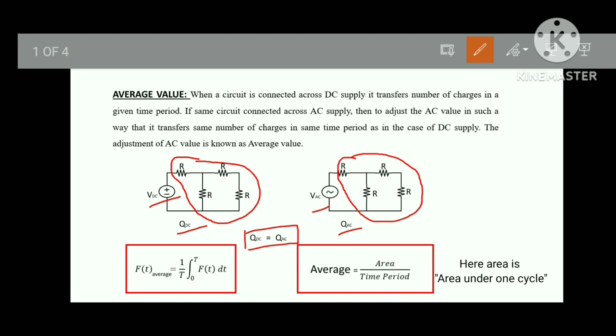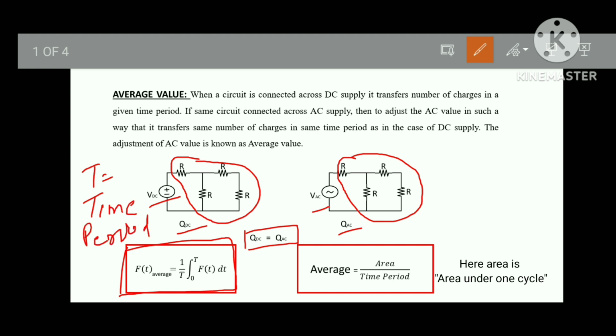Okay, so the basic conventional formula for finding the average value is f of t average is equal to 1 upon time period, integral 0 to T, f of t dt. Here T is the time period.